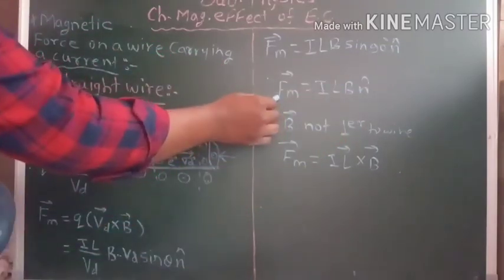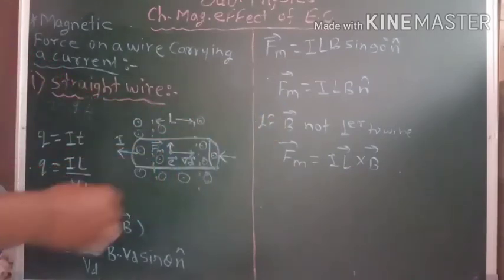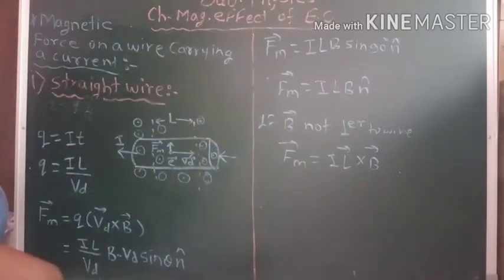This is the equation of magnetic force when the drift velocity and the magnetic field are perpendicular to each other.